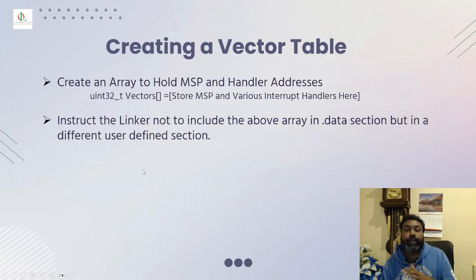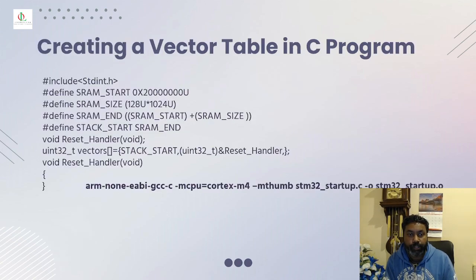And then you have to instruct the linker not to include the above array in the .data section, which has to be done by the user, specifying it from a user defined section. These two things you have to remember. Let's go into learning about this program.